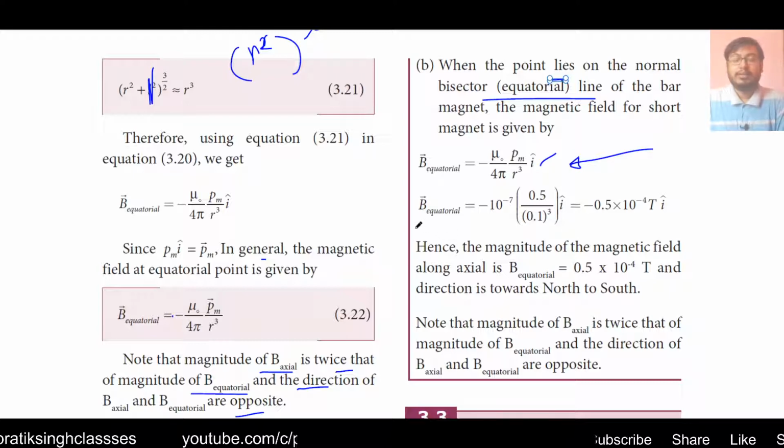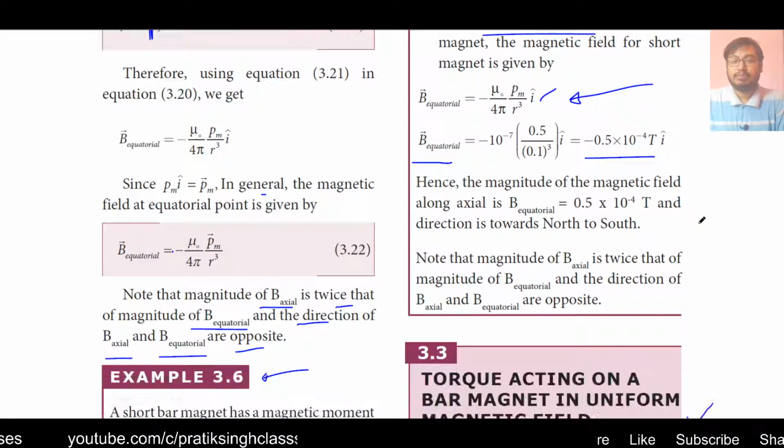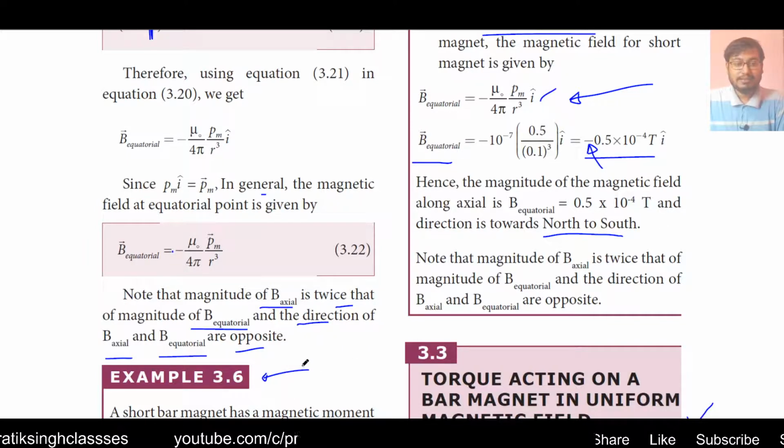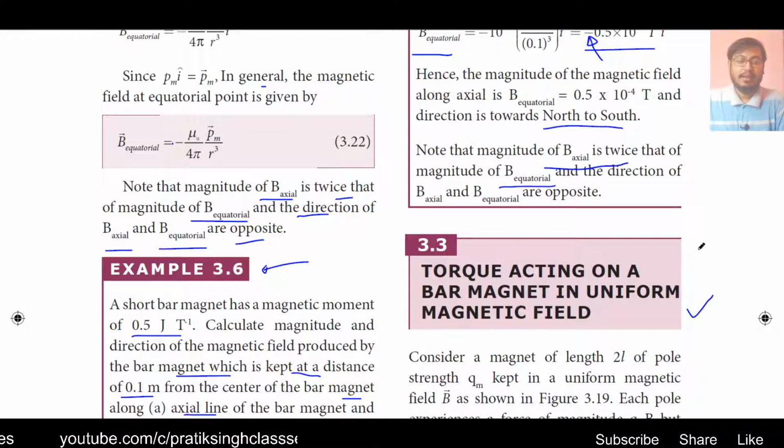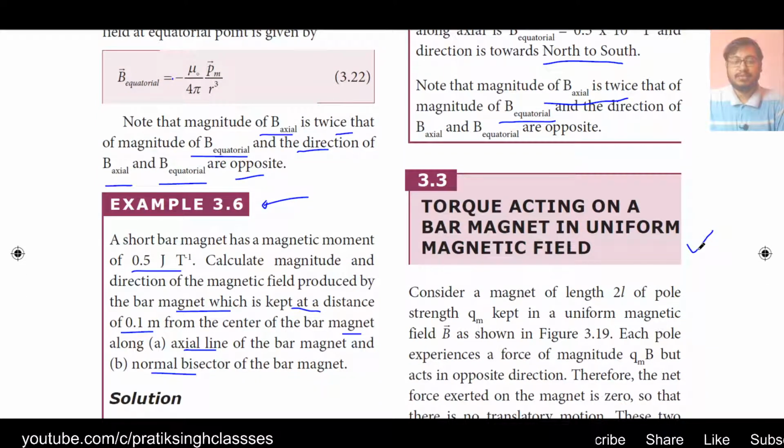You will get vector B equatorial is equal to minus 0.5 into 10 to the power minus 4 Tesla into I cap. Here the minus means the negative x-axis direction, or north to south. So as in this example 3.6, you can see that B axial is twice B equatorial in magnitude but opposite in direction.